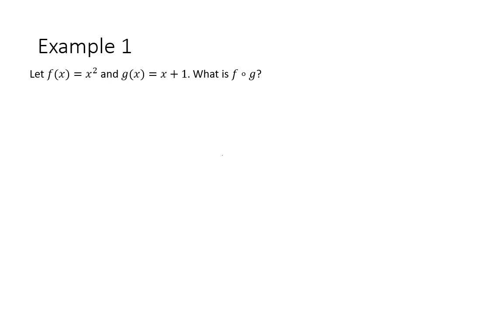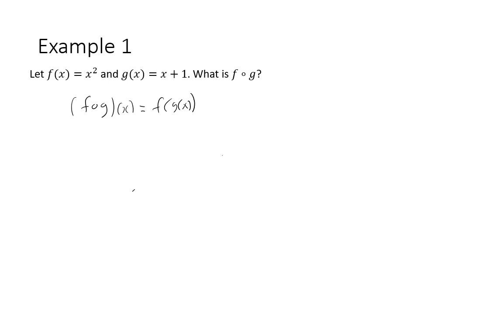So let's start with a mathematical example. You have a function f of x equal to x squared and g of x equal to x plus 1, and you are asked what is f of g. The first thing to do is remember that f of g of x is just equal to f of g of x.